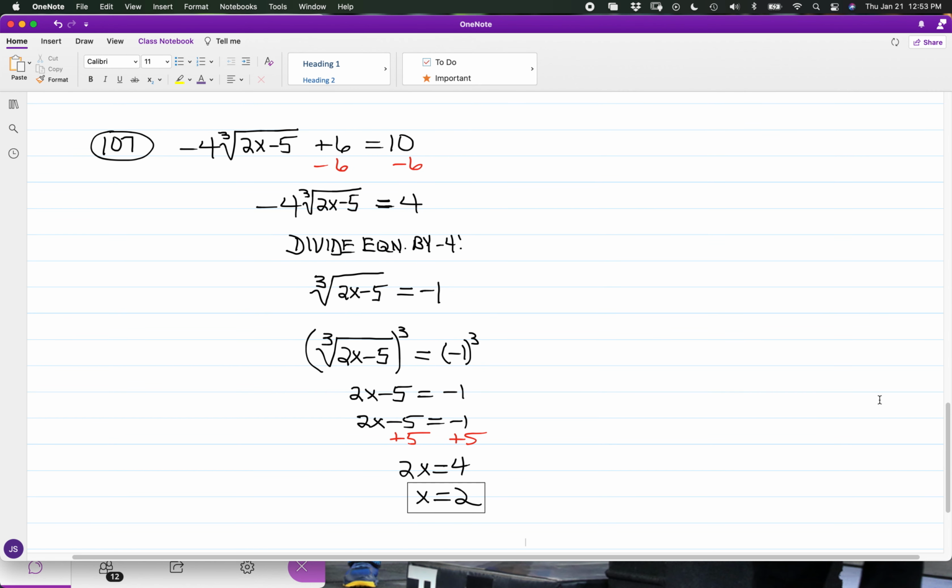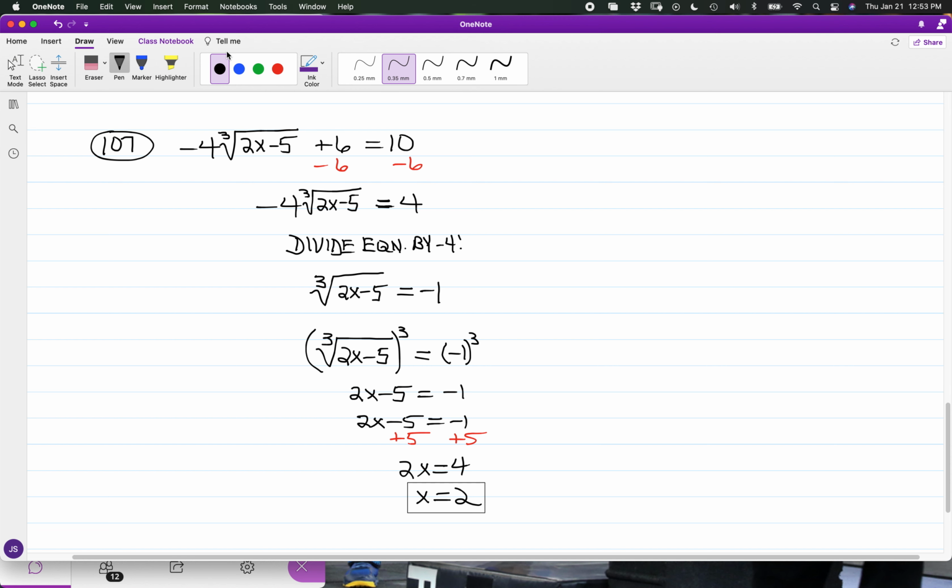And for 108, I have another odd root radical expression. So we have negative 3 times the fifth root of 4x minus 1, followed by the addition of 2, is equal to 8.